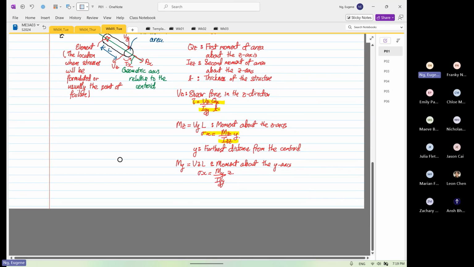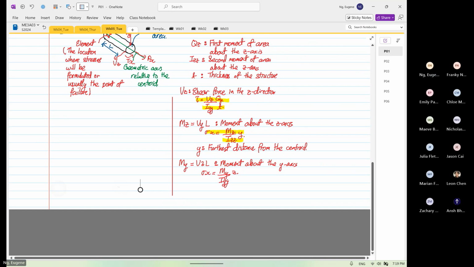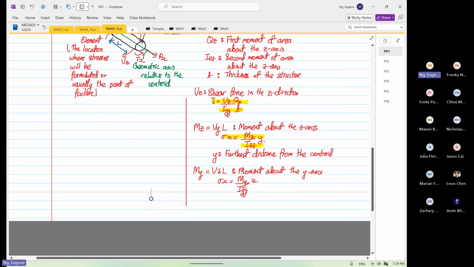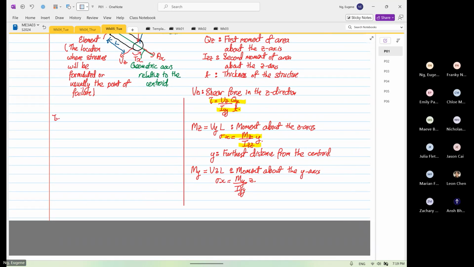I'll write on this side of the page. So we have Tx, which is the torque applied, or the torque about the x-axis.